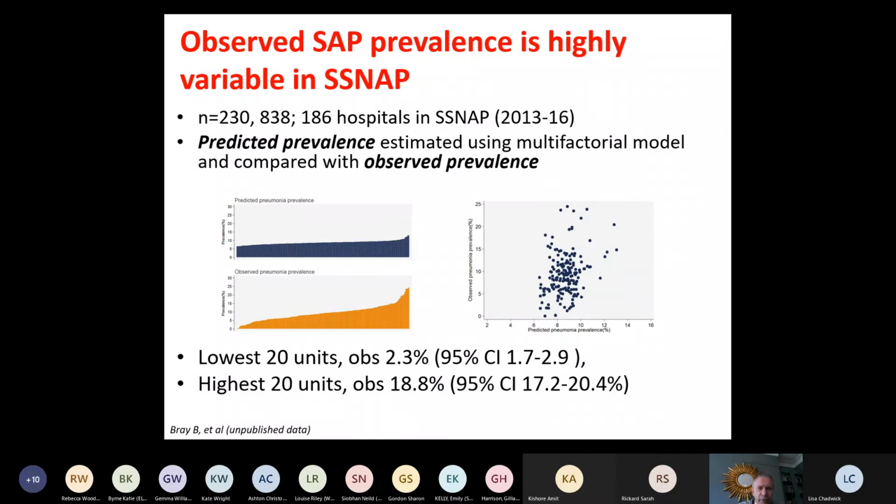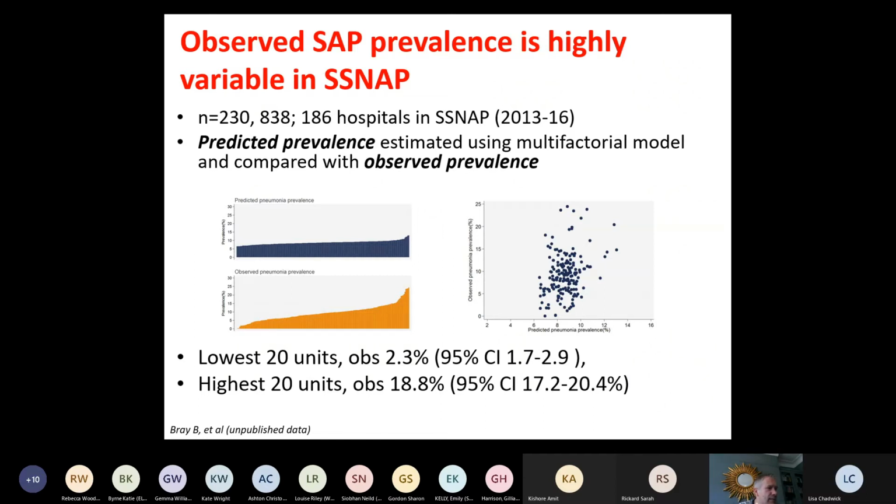And you can see that the line is much flatter. That shows that predicted SAP prevalence based on clinical characteristics of patients is far less variable, which is really quite striking compared to the observed SAP prevalence. So what this means is that clinical characteristics don't seem to actually explain a great deal of variation in the wide range of SAP prevalence that we see between units.